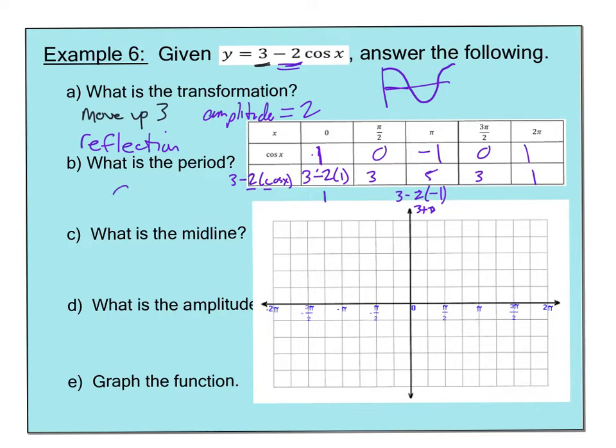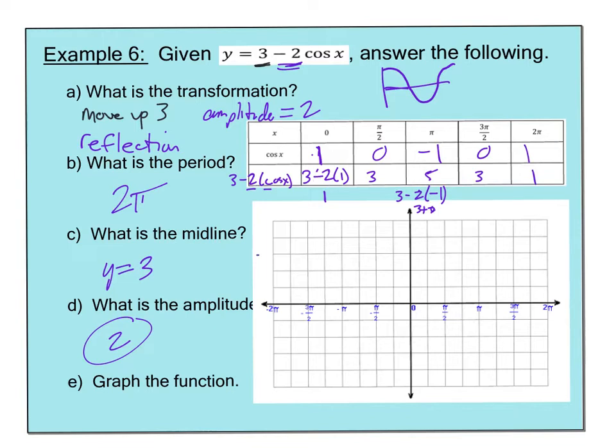Okay, what's the period? Still going to be 2 pi. This is going to move the whole thing up 3. So my midline is now going to be at 3. My amplitude is going to be at 2, but it's also going to be flipped upside down.